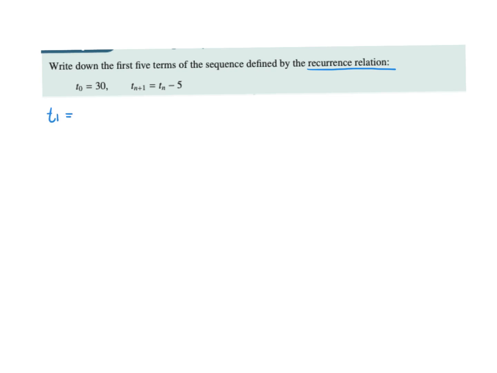The rule says to do the one before, which would be T0 minus 5. In this case, it would be 30 minus 5, and it equals 25. Then when you want to show T2, it would be using the one before minus 5, so it's 25 minus 5 equals 20.